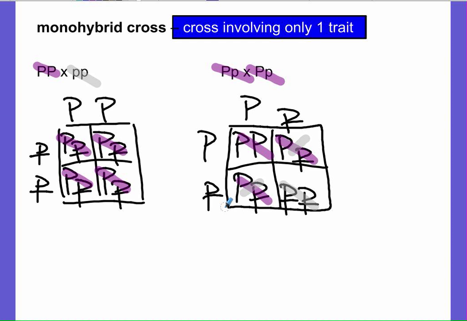But all 3 of those are going to be purple. At the end of the day, that purple masks the white. So that's why we see that pattern. That's what's underlying in those genotypes. That's what Mendel had to figure out working backwards. For us, it's a little bit easier if we know that we have 2 heterozygous parents. You're always going to end up seeing that 3-to-1 ratio, dominant to recessive.